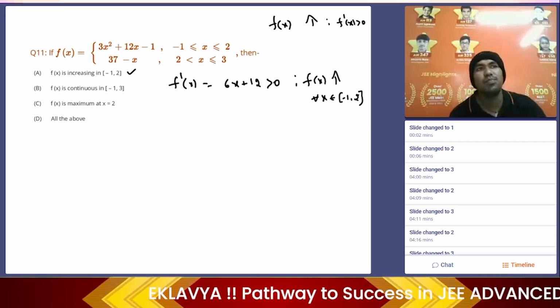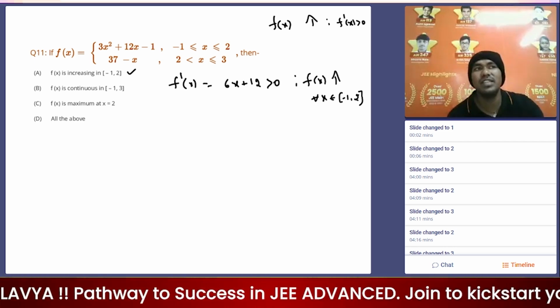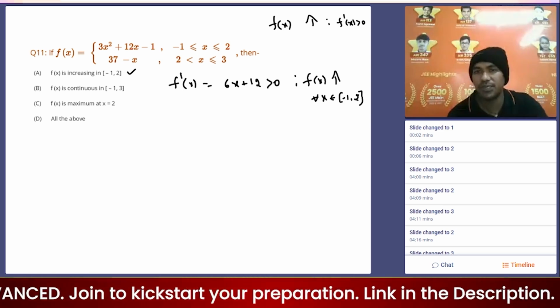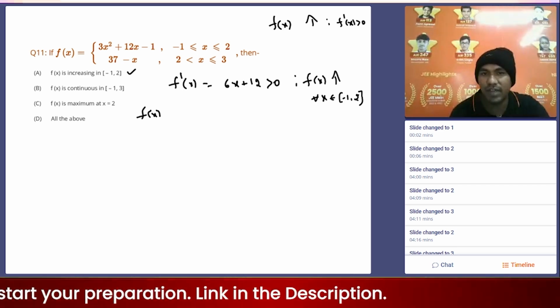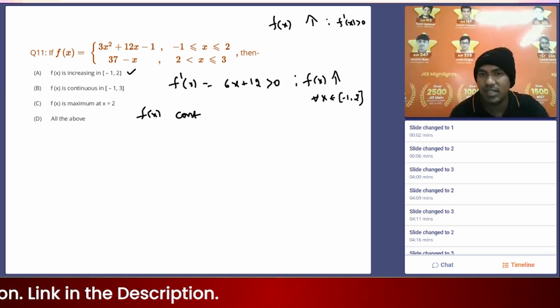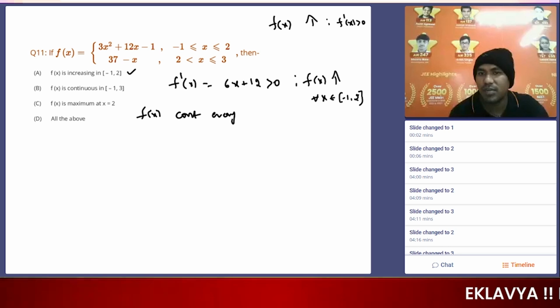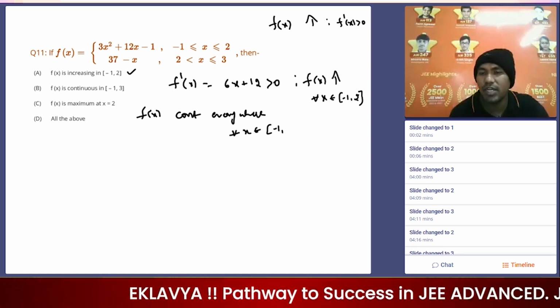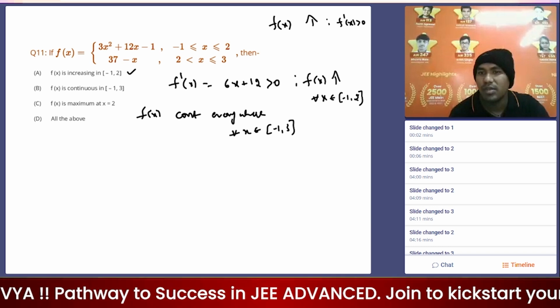That means there is a possibility where this cannot be continuous at x equal to 2. So f of x is continuous everywhere in the given interval, for all x belonging to minus 1 to 3.